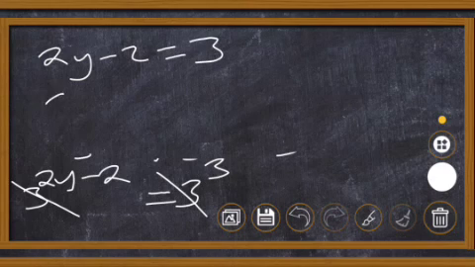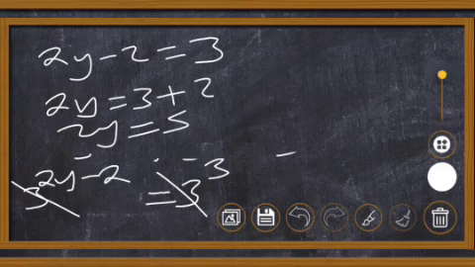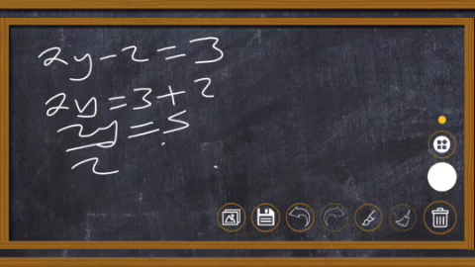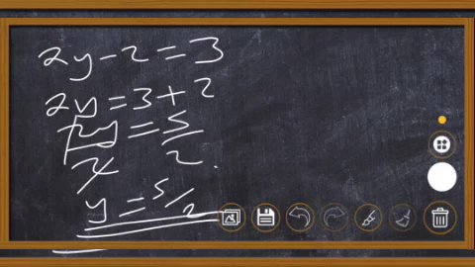And then when we take 2 to the right side, it's going to become positive. And then 2y is going to be equal to 2 plus 3, it's 5. So in this case then, we have 2y equals to 5. So if we divide 2 to both sides, we are going to remain with y equals to 5 over 2. So this is the answer for y.